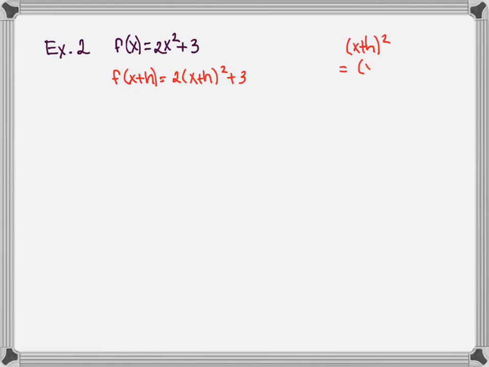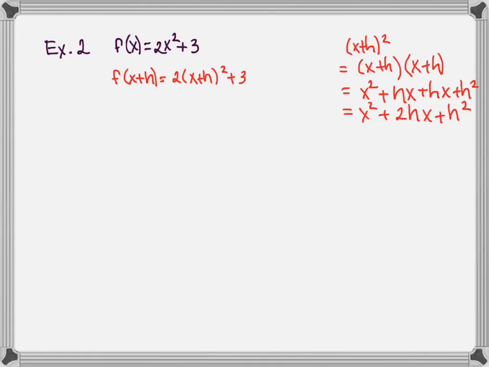And so we need to remember that that means x plus h times x plus h. And if I multiply this all out with 4 multiplications, distributing, we get x squared plus hx plus hx plus h squared. Combining my like terms, I get x squared plus 2hx plus h squared.